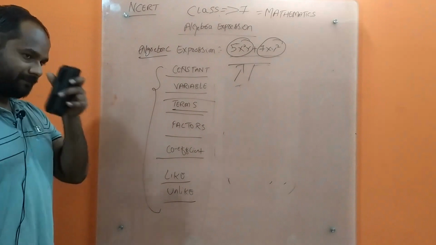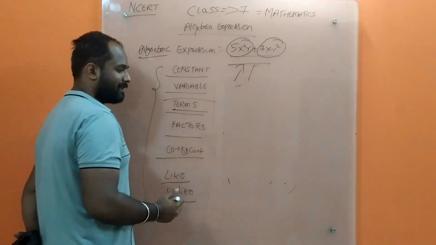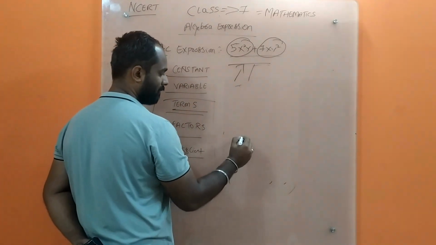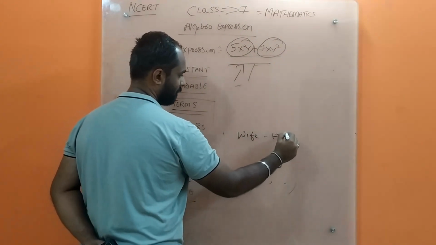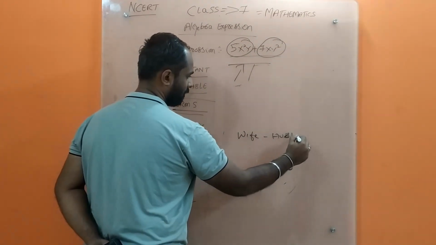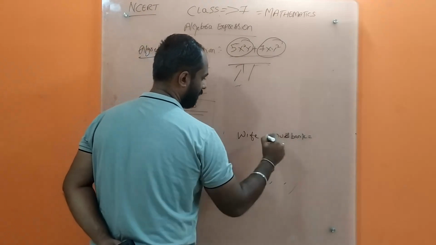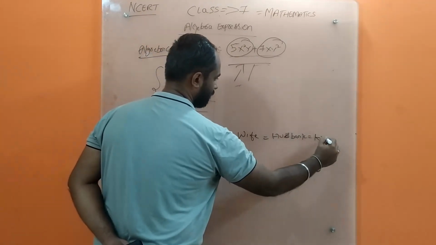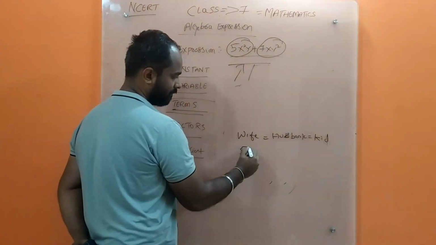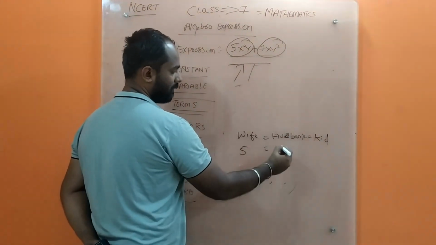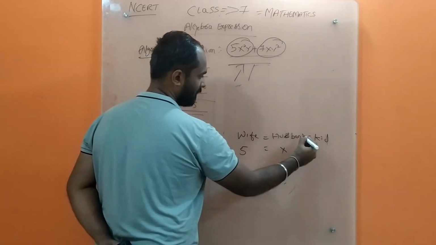So, coefficient. What is a coefficient? Just a partner. You can say wife, husband, and kid. For example, wife is 5, husband is x, kid is y.